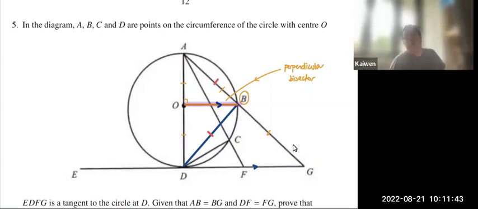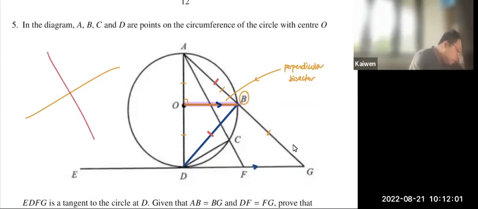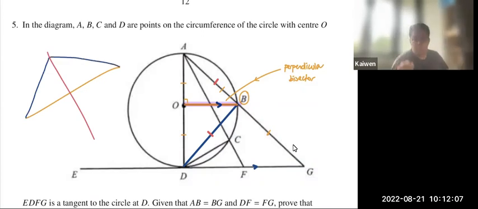Why do we claim perpendicular bisector? Now, if you recall your perpendicular bisector properties, any two lines that start from the endpoints of the line, okay, so if you have your line, and let's say the red one is a perpendicular bisector, any line starting from the endpoints of this orange line will always be of equal length.